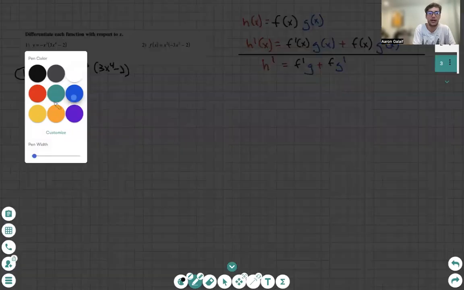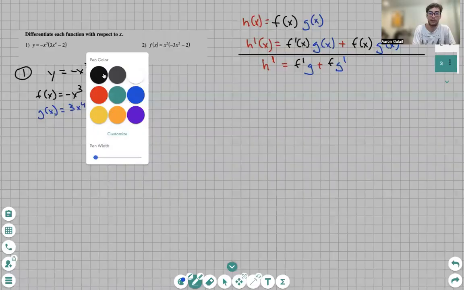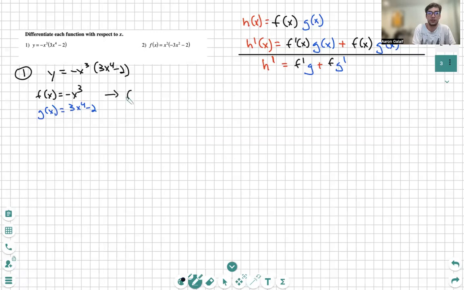My g of x, I'm going to denote as 3x to the 4 minus 2. And from there, I'm going to take the derivatives. The derivative f prime of x is negative 3x squared. We know it's power rule: the exponent multiplied to the front, subtract 1 from that exponent.